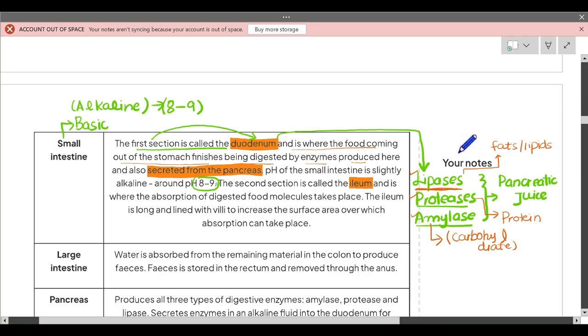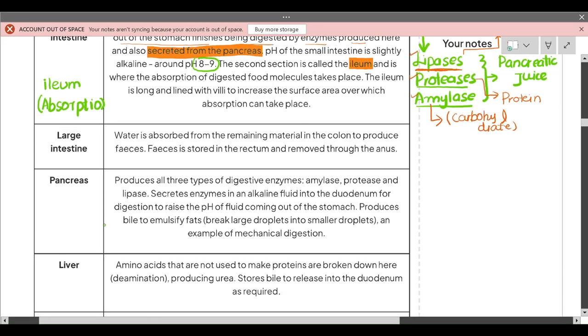Let's talk about the second part of your small intestine. Before moving forward, we need to understand the basic function of the second part of the small intestine. The ileum is involved in absorption. That is a very important process. And what would be absorbed here? As we did yesterday, carbohydrates at the end are converted into glucose, which is a simple soluble compound.